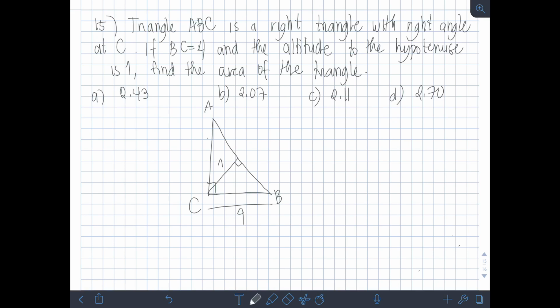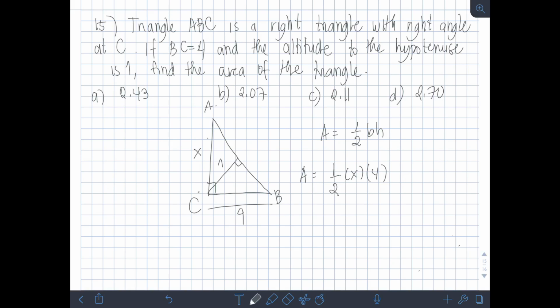Okay, so, meron tayong formula sa area ng triangle na 1/2 base times height, right? So, kung i-consider natin yung side AC as the height and side BC as the base, pwede natin masolve yung area as 1/2 AC, let's say unknown siya, x, times yung BC na given na 4. Okay.